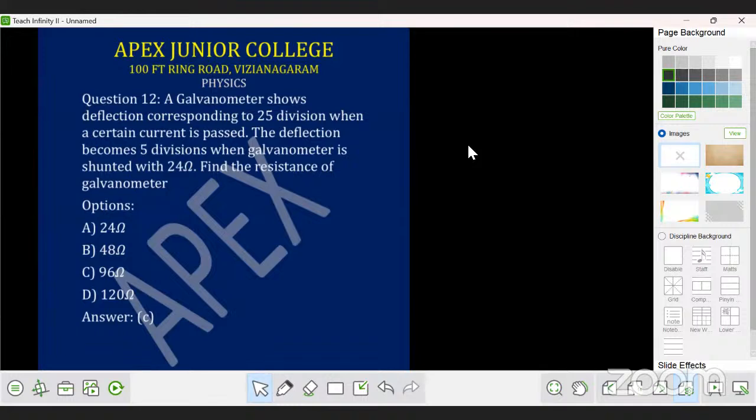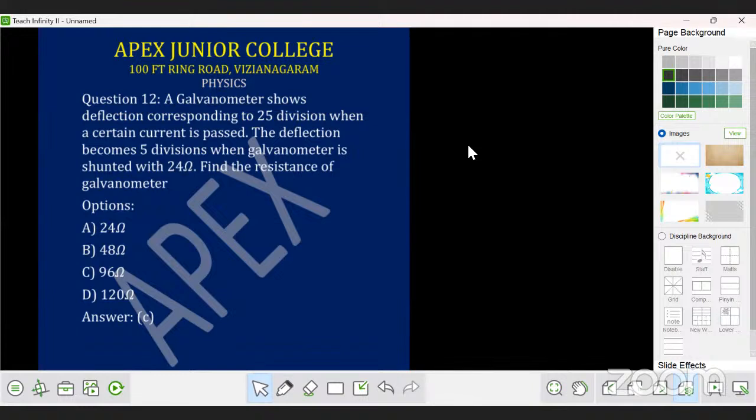A galvanometer shows deflection corresponding to 25 divisions. When a certain current is passed, the deflection becomes 5 divisions when galvanometer is shunted with 24 ohm.